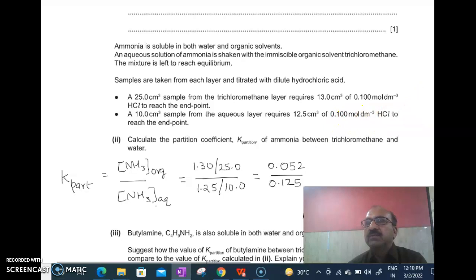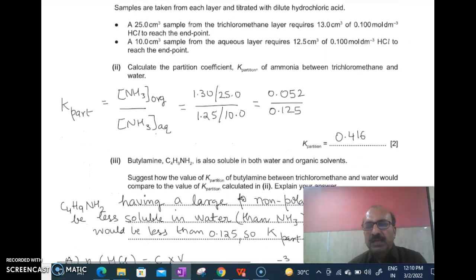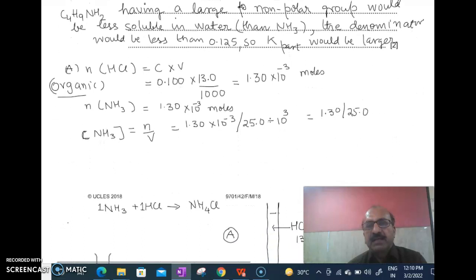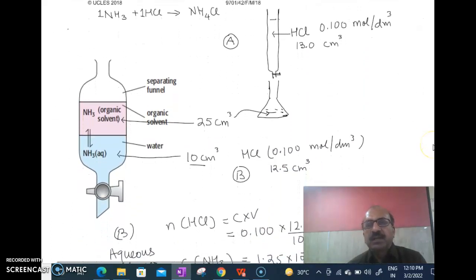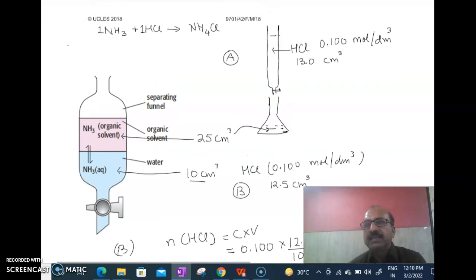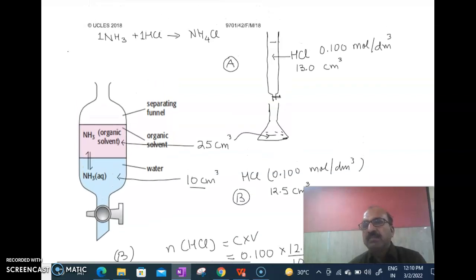This is what I have shown in the adjoining diagram. We have taken 25 cm cube of the sample from the organic layer, taken it in a conical flask, added a suitable indicator, and then titrated it against hydrochloric acid from the burette.